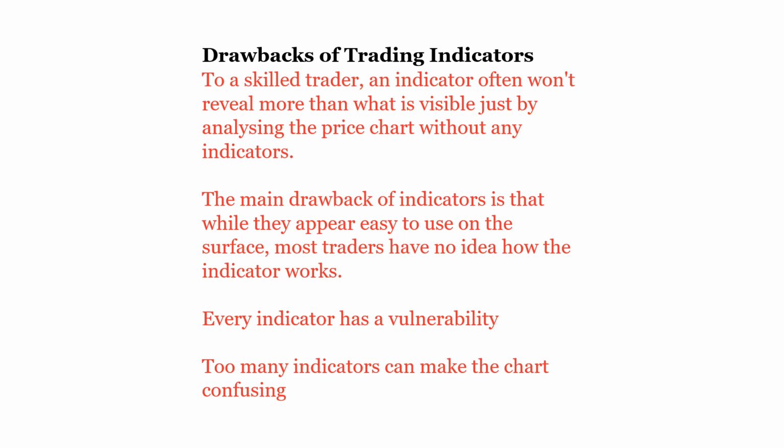Just for some clarification, price action traders just use candlesticks or line charts, for example. So, as I was saying, since indicators are calculated based on price, they tend to lag behind what the price is doing. Too many indicators can make the chart confusing as well, as it leads to analysis paralysis, where you get many conflicting signals.